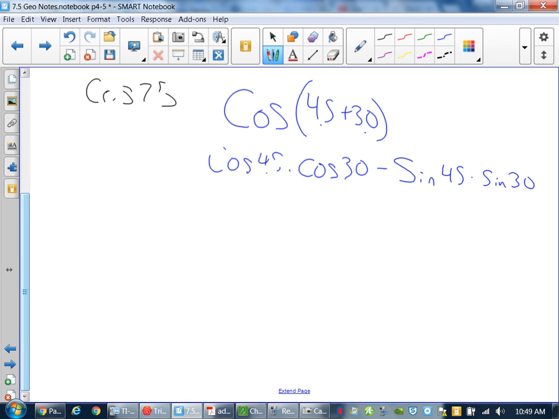You get this huge long-winded half-angle, double-angle formula to make that work, and that's why the calculator spits out radicals. The cosine of 45 is root 2 over 2. The cosine of 30, excuse me, it's not 1/2, it's root 3 over 2. So this is root 6 over 4.